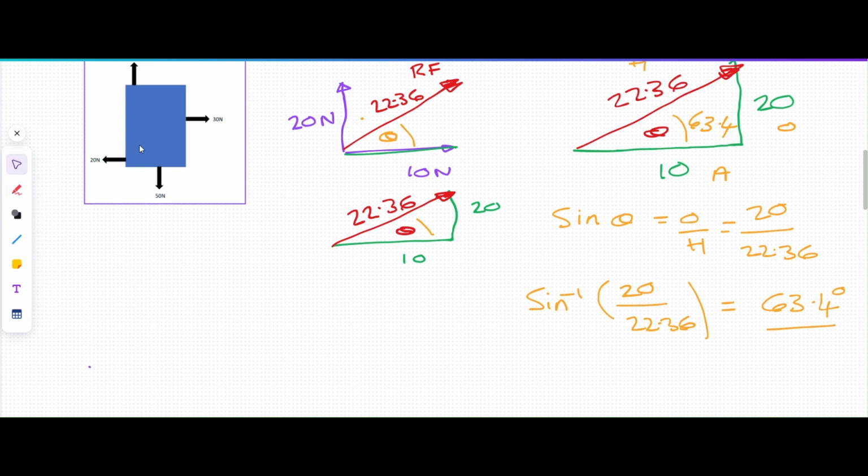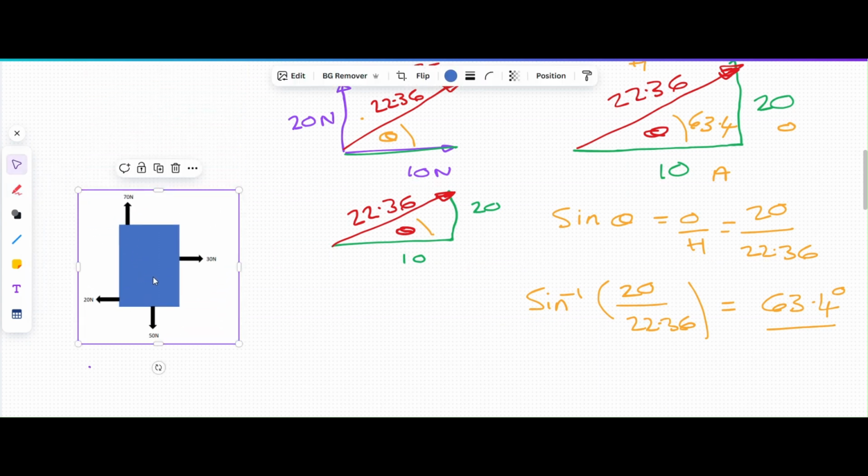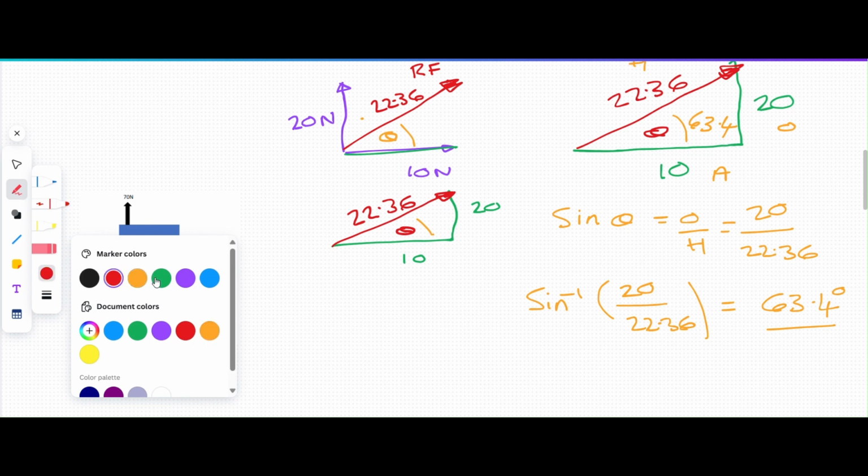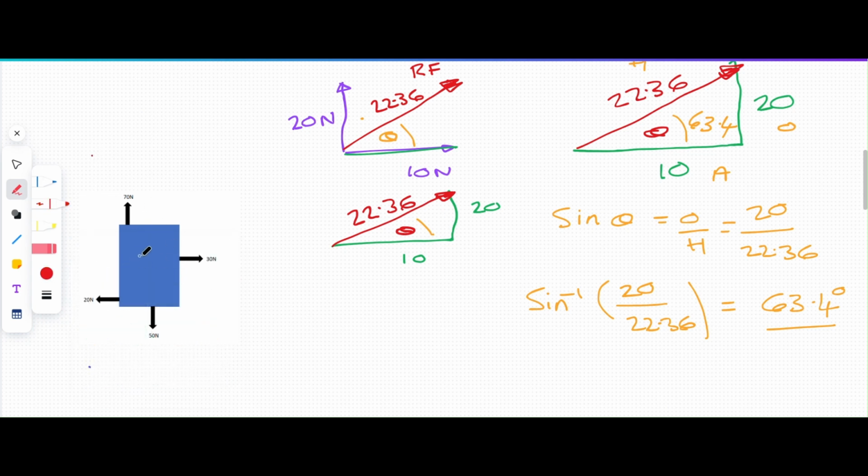And all that means is, like we did before, this object wants to go, I'll draw a line, actually we don't really know, but we know it wants to go up like that, look, at 22.36 newtons.